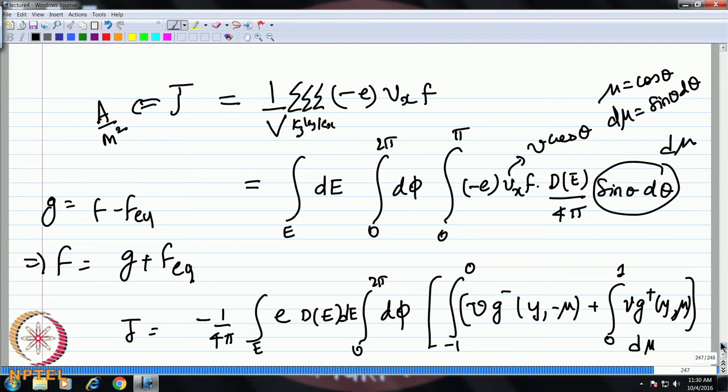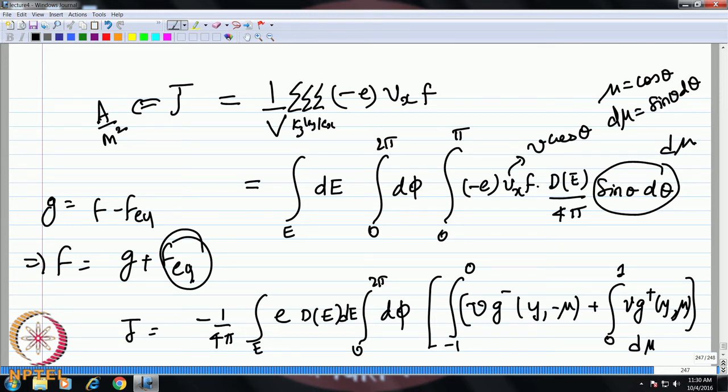Okay. So, therefore, what happened to F equilibrium? Integral F equilibrium cos theta sin theta d theta d phi is 0, because F equilibrium is uniform in theta and phi direction. So, if you integrate cos theta sin theta d theta d phi, it is going to be 0.